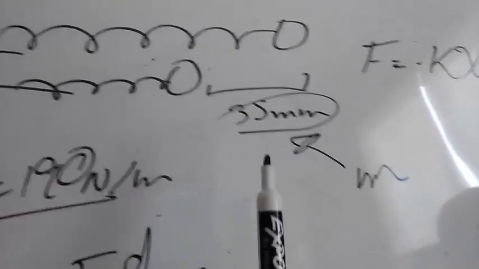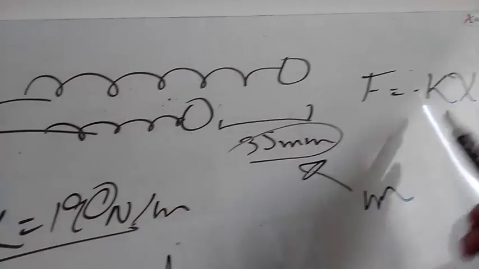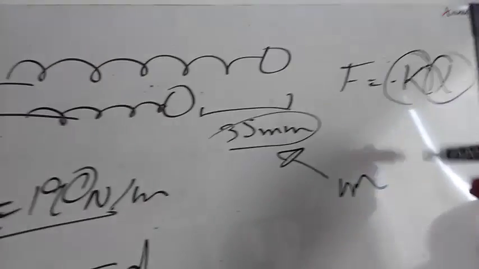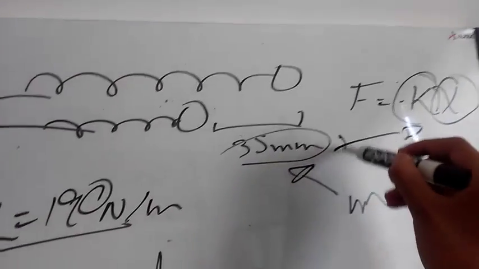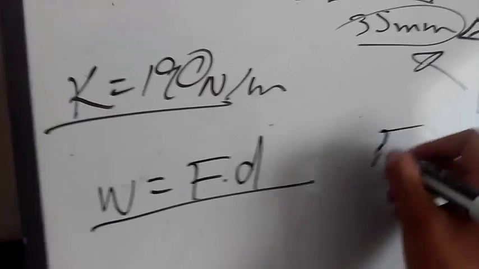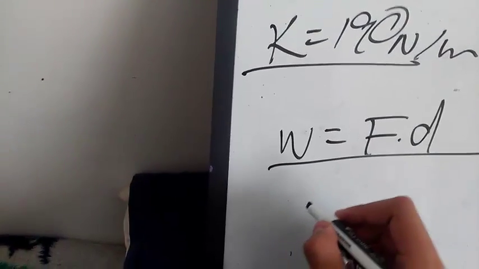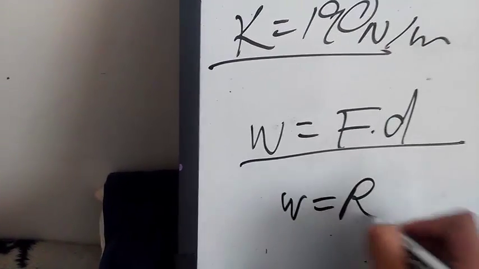To get the work we have to get the force. The force is calculated with this formula, and we already have k and we already have x. X is this. So if we have x and k, we can calculate the force. Now we can calculate the work, and the distance will be the amplitude. That's how we calculate the work.